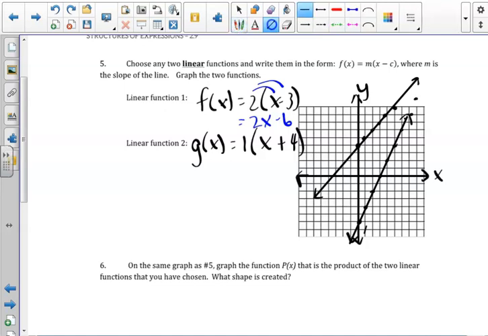And that one would just extend this way, like so. So eventually you can see that they will intersect. This example actually intersects, it looks like, off my grid.